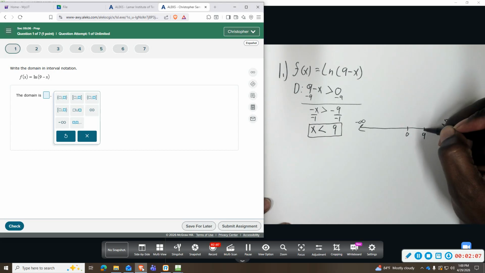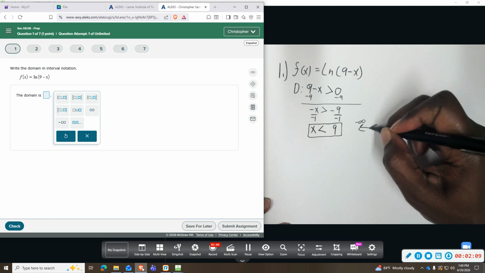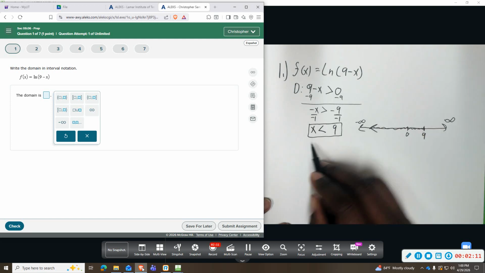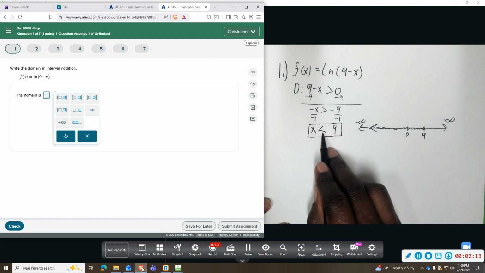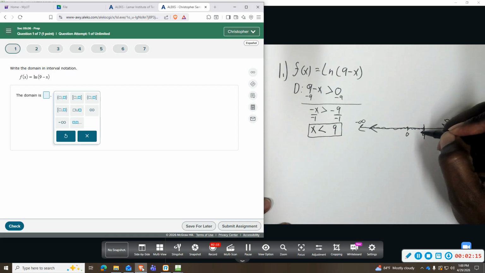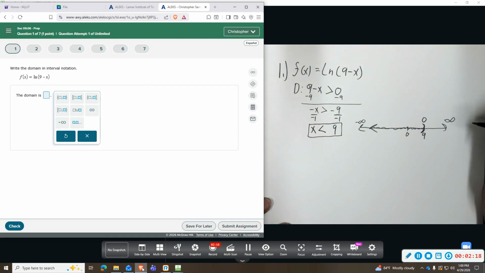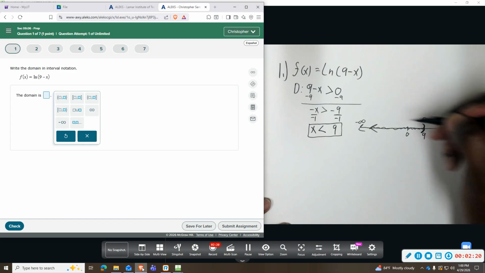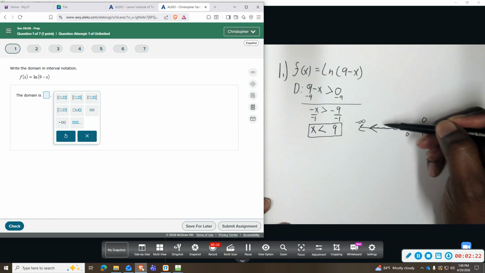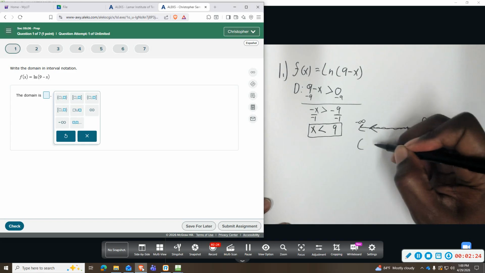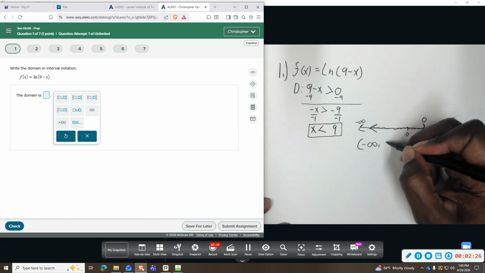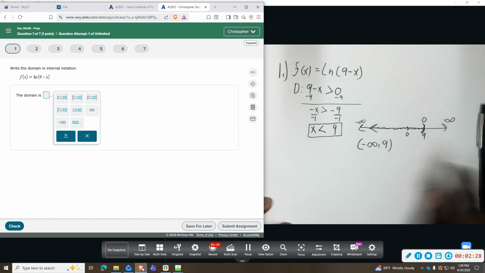We would be shading this way, going to the left, because it's strictly less than and not equal to. We would use a parenthesis or an open circle at 9 and go to negative infinity, or in interval notation, negative infinity up to positive 9 as a max.